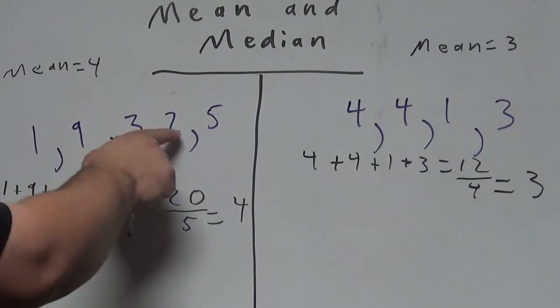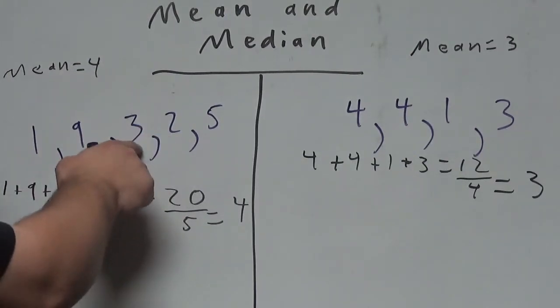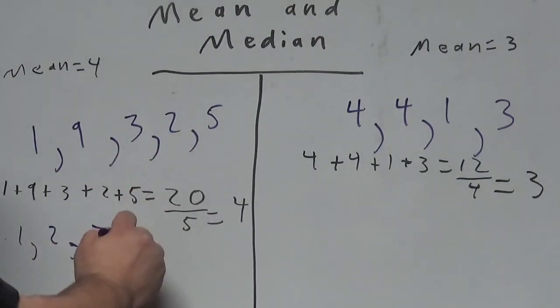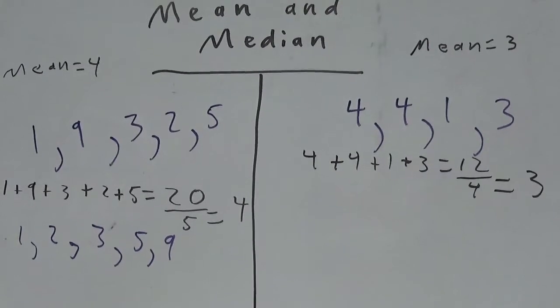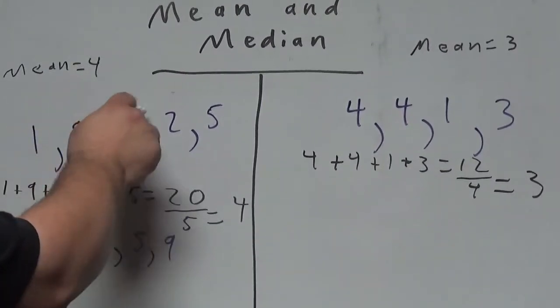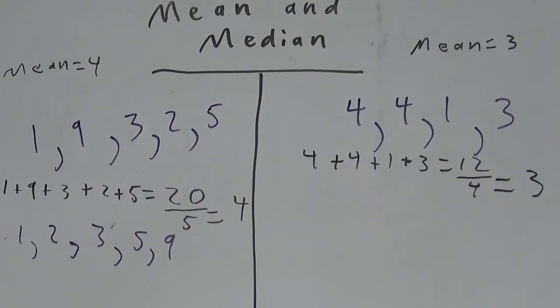1, 2, 3, 5, and 9. Now, one thing you can always consider doing is marking them off as you go. If you have a large data set, like 20 or more, or even less than that, you might want to mark them off as you go to make sure you don't make any mistakes.